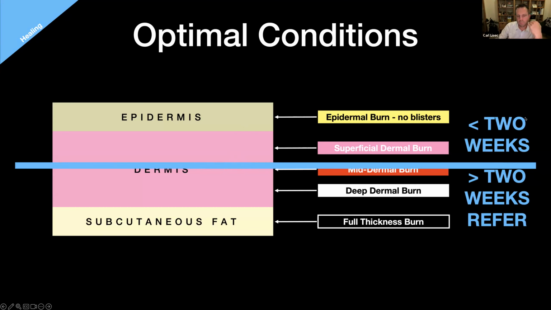And patients are often encouraged to stay in the community, get dressings through their GP or local hospital, and they don't necessarily need to come to the burns unit. But as soon as you get a deep mid-dermal burn or a deep dermal burn or a full thickness burn, we know that they're probably going to take more than 2 weeks to heal. And therefore, these are the patients that you're probably going to refer to a burns unit.